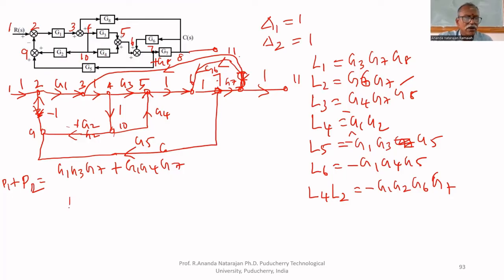Denominator I will write here: 1 minus G6, G7 minus G3, G7, G8 minus G4, G7.